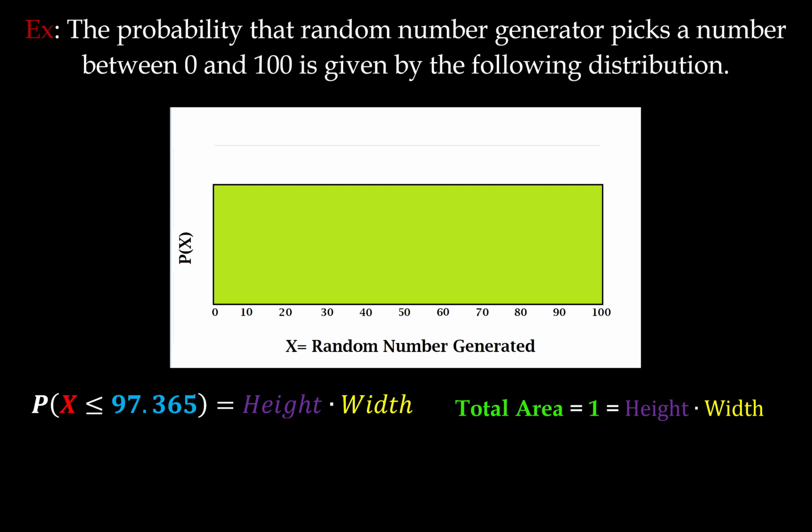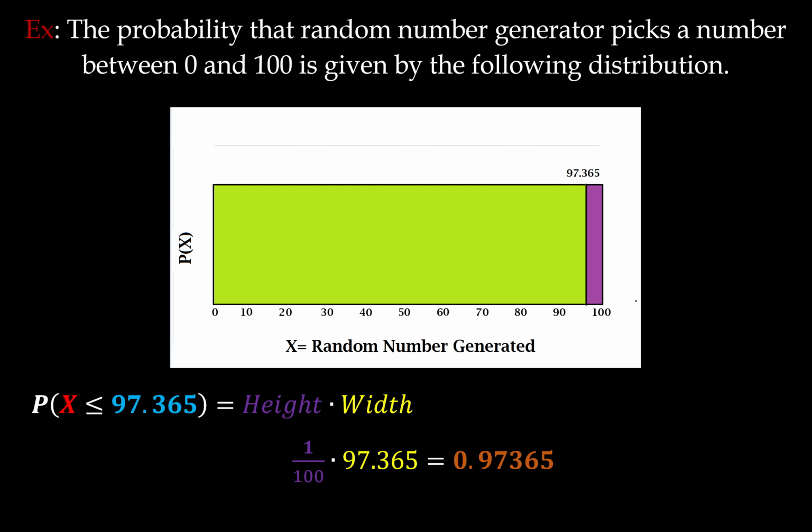This means that the total width of my rectangle times the total height of my rectangle should always equal 1. Then I can solve for my unknown by dividing 100 from both sides. Thus, the height of this rectangle is 1 over 100. Then the probability that the number generated is less than 97.365 is 0.97365.